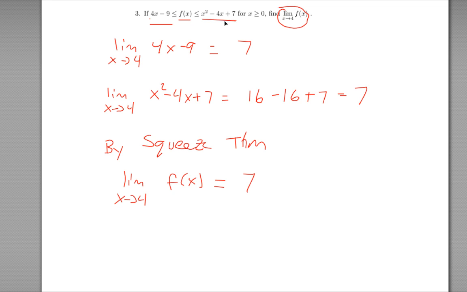Not really, because we're looking for the limit as x goes to 4. Certainly when we're close to 4, like 3.5 or 4.5 or in that neighborhood, where we're actually taking this limit, this is true. Because in that neighborhood where x is close to 4, x is certainly greater than or equal to 0, which means that this is certainly true in the area that we're interested in. So we're totally fine to use the squeeze theorem in this case.